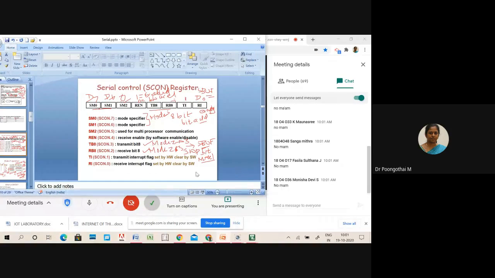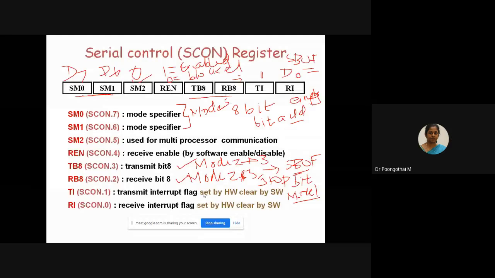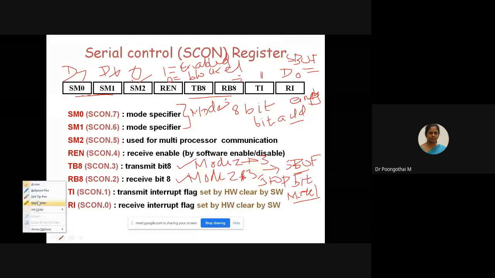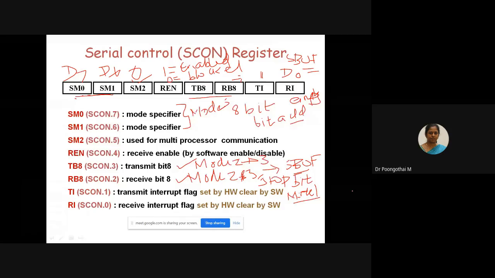So for most of our applications we are choosing mode 1, so SM0 is 0 and SM1 is 1. You make TI and RI 0 because TI is set by hardware.